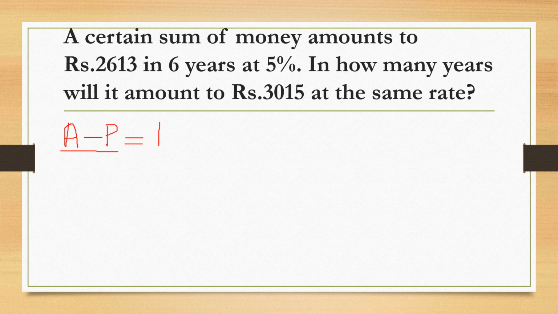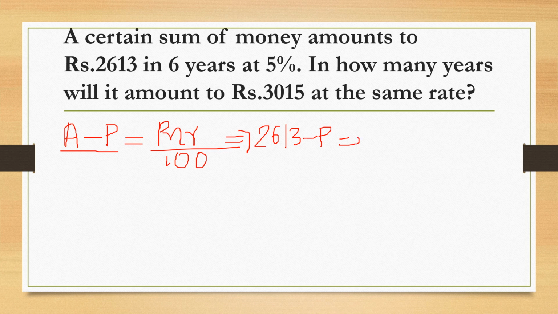Simple interest is equal to PNR all divided by 100. So the amount 2613 minus P is equal to P into 6 into 5 all divided by 100.